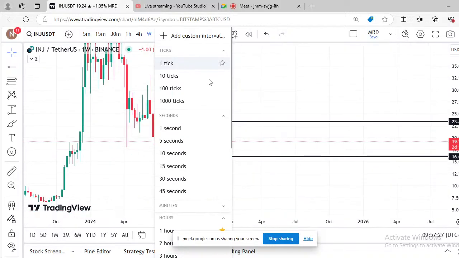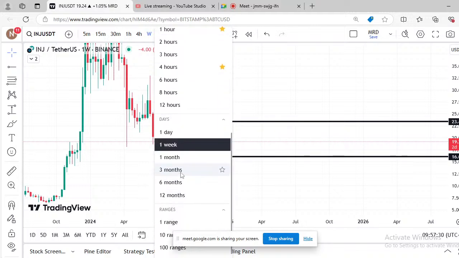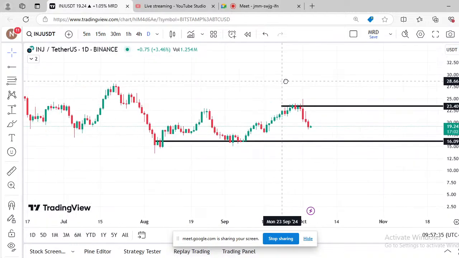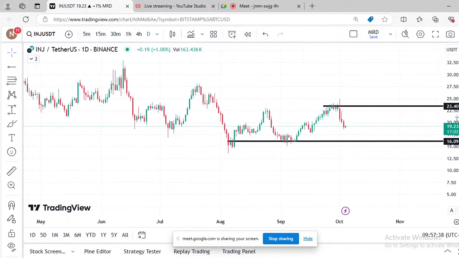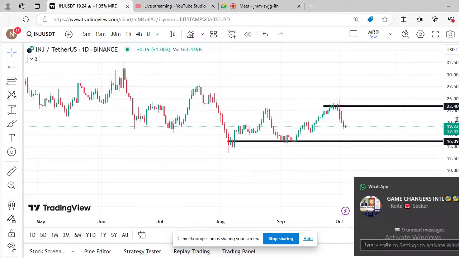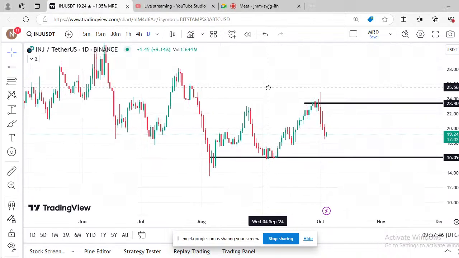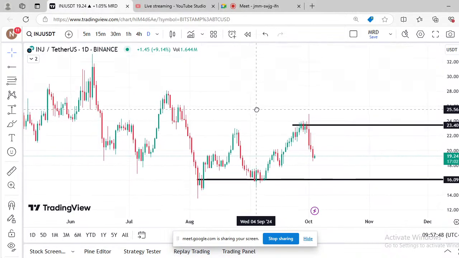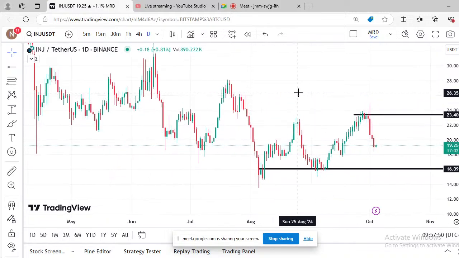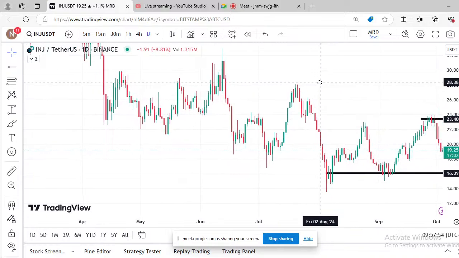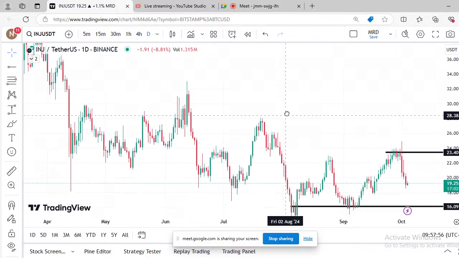Now we go to 1 day. On 1 day, that's how it looks. So what are we looking at? We are looking at the previous highs and lows on 1 day as well.